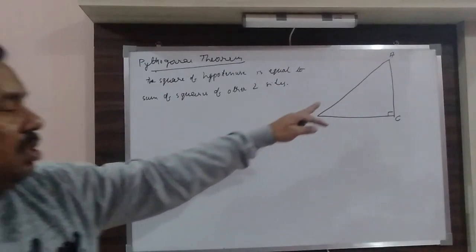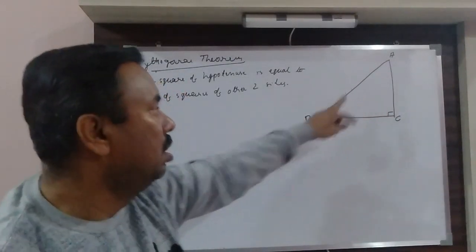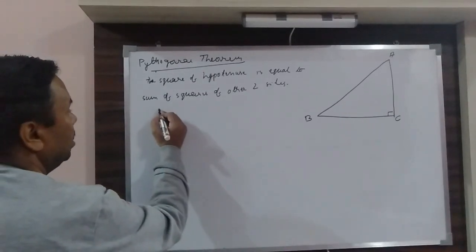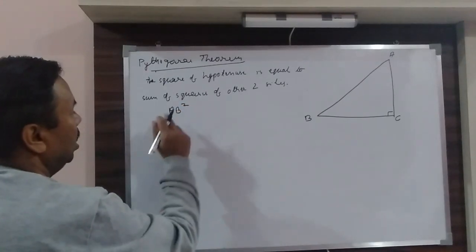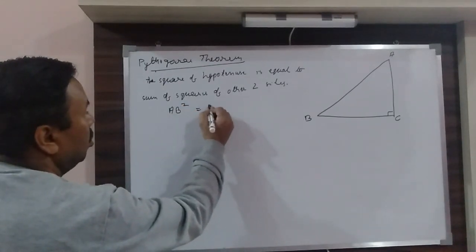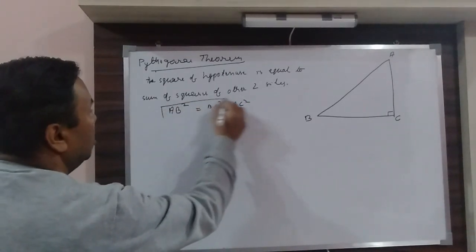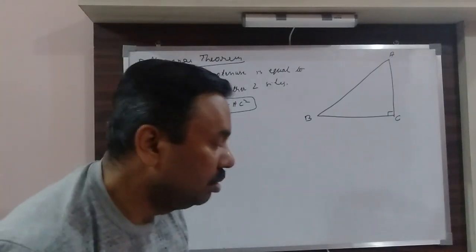Now what is hypotenuse in this case? Hypotenuse is always the side that is opposite to the right angle. Okay, so if it is opposite to the right angle, I can say by Pythagoras theorem that AB square is equal to BC square plus AC square. That is what I have to prove. Okay.